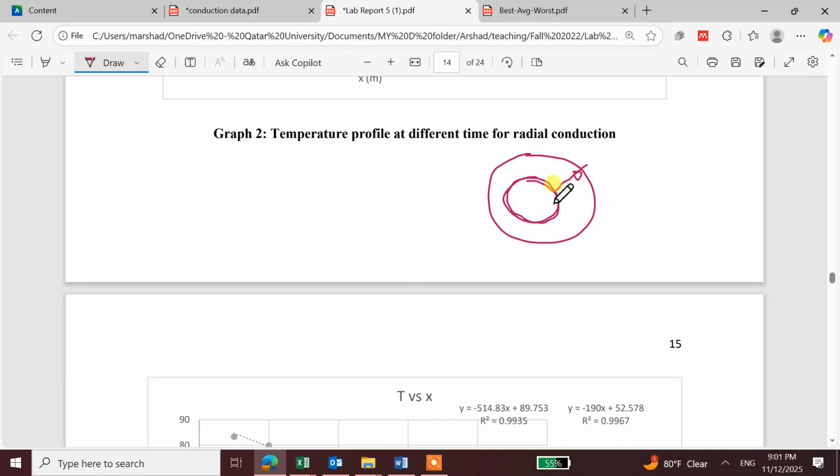We are measuring T1, T2, T3, T4, T5, T6 in this direction. In this case, we expect that the profile is not going to be linear. The profile will also be something like this.